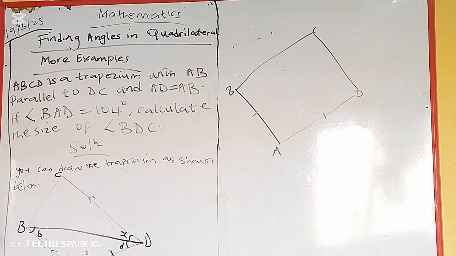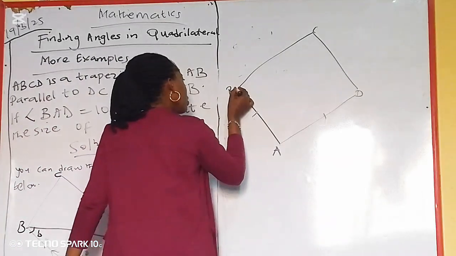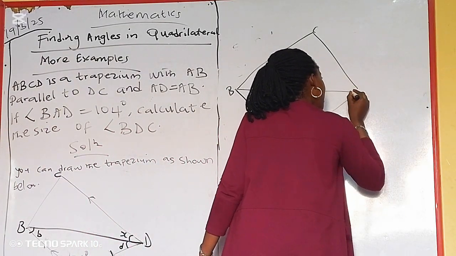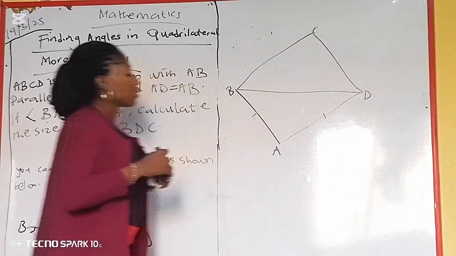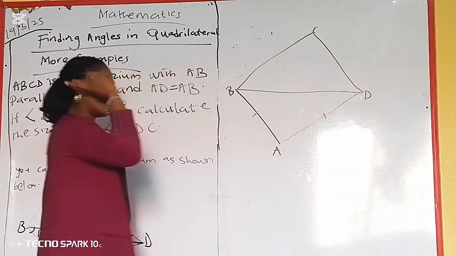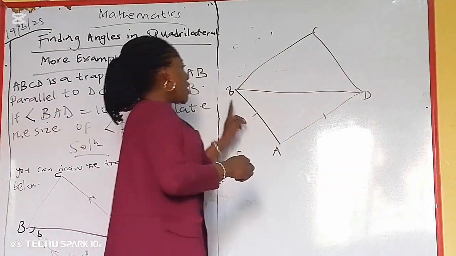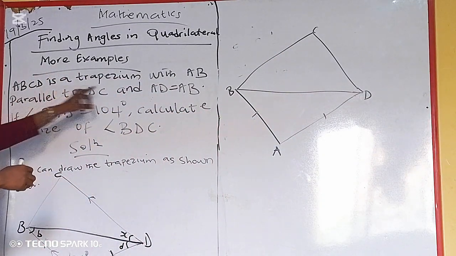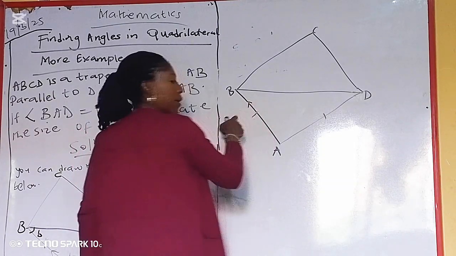So don't forget that two triangles must be made. So you share it, and you complete the trapezium. Are you seeing it? These two must be the same. Now since you were told that AB is parallel to DC, this is the sign of parallel.